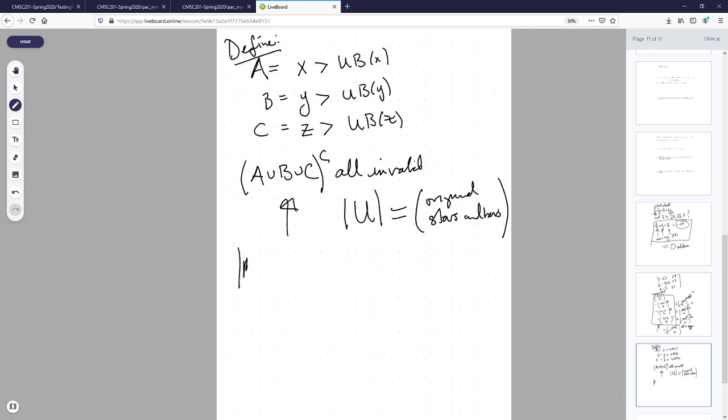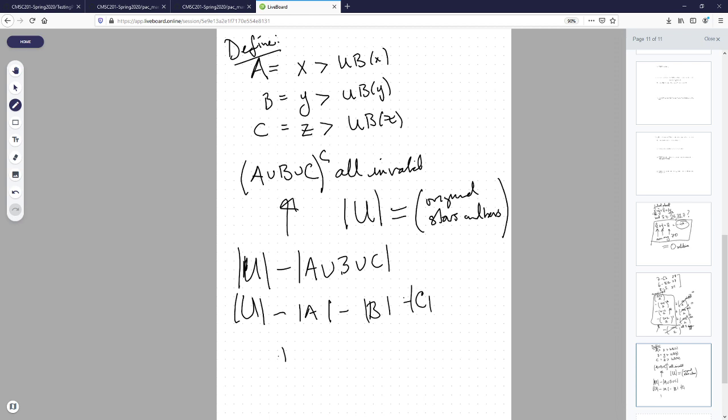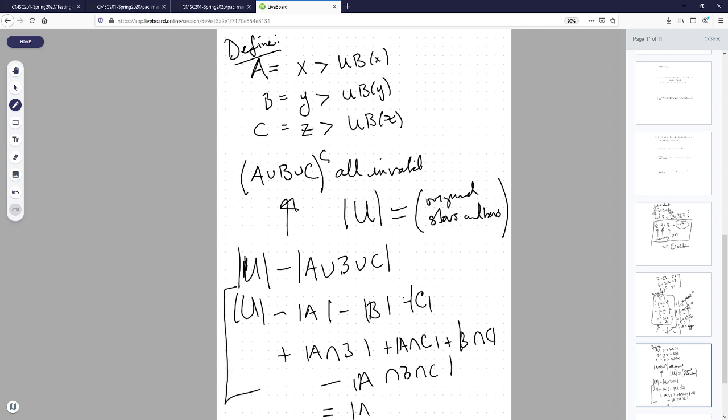We want to take the number of things in the universe and subtract off the number of things in A union B union C, which is then equal to the universe minus A minus B minus C, and then plus A intersection B plus A intersection C plus B intersection C, and then minus A intersection B intersection C. And so in total, this equation here is going to be equal to the number of things in A intersection B, oh no, I'm sorry, A union B union C complement.